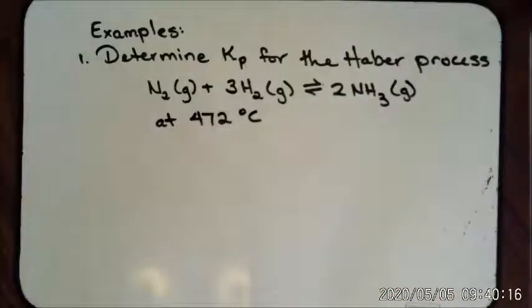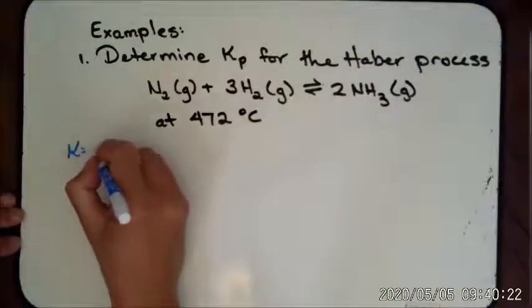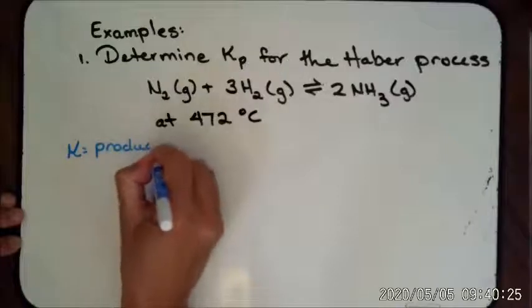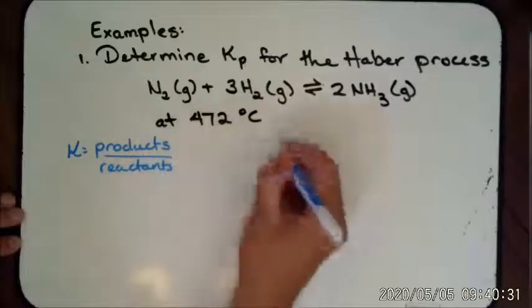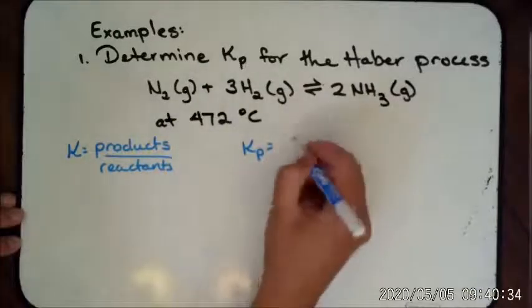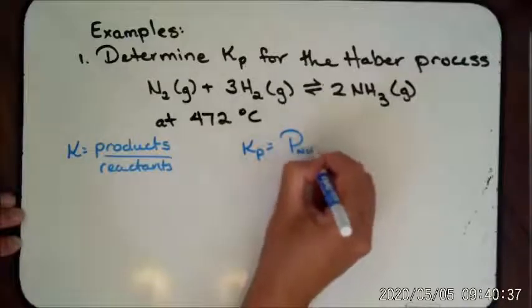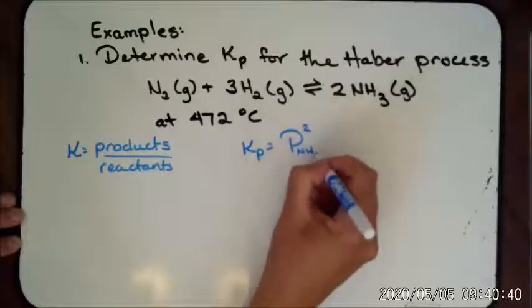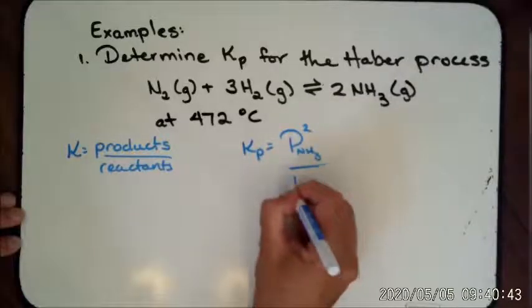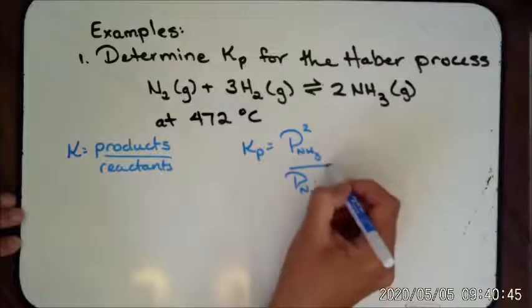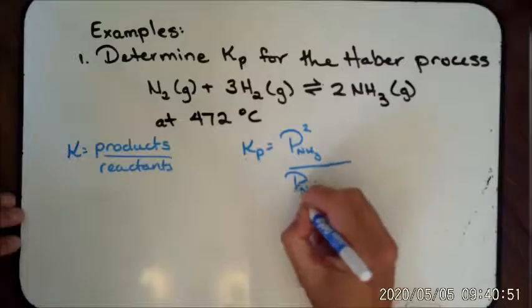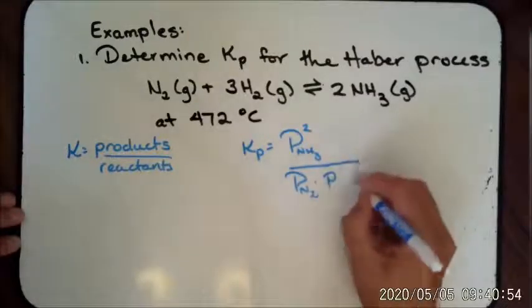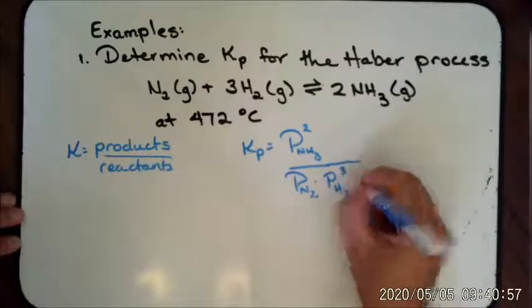So remember, it's products over reactants. So Kp is going to be equal to the partial pressure of ammonia squared, divided by the partial pressure of nitrogen, N2, and the partial pressure of hydrogen to the third power.